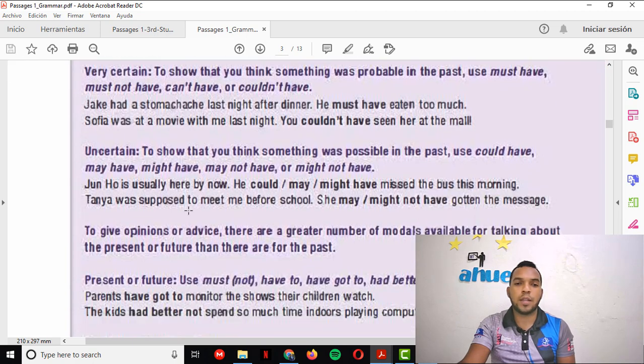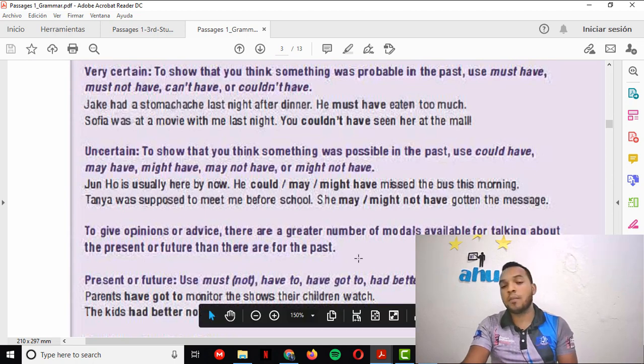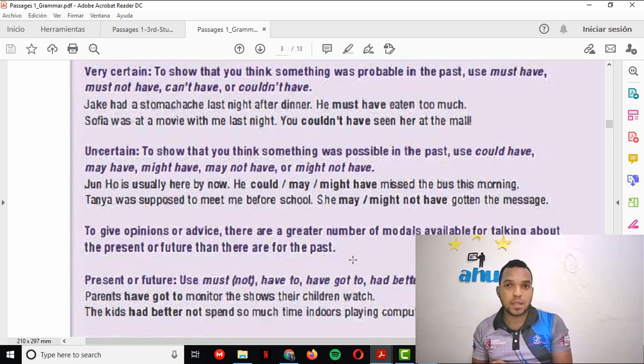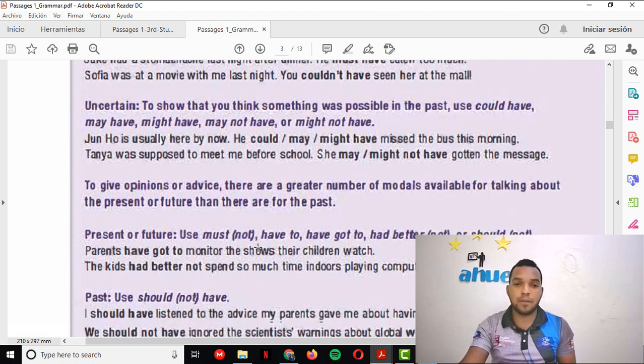So the other one is to give opinions or advice. There are a greater number of modals available for talking about the present or future than there are for the past. For those modals for present or future, we have must or must not, have to or have got to, had better or better not, or should not or shouldn't.